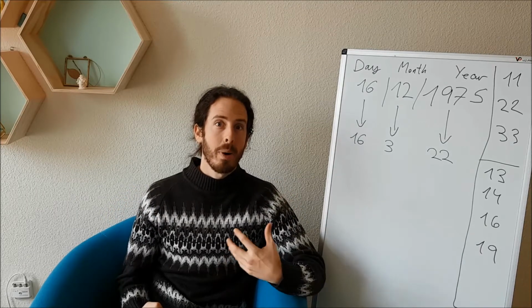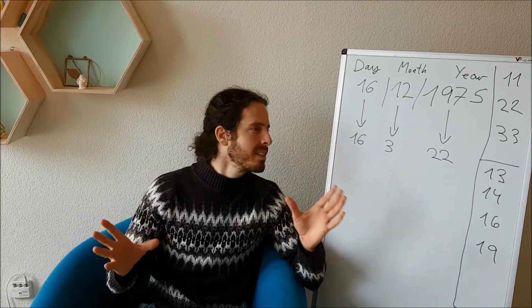Number 1 is an initiator, an inventor, a pioneer. So the number 1 is decisive, it's powerful, it's strong. That's the temperament. It's quick. It makes decisions quickly. It's not thinking too much. It's not hesitating.